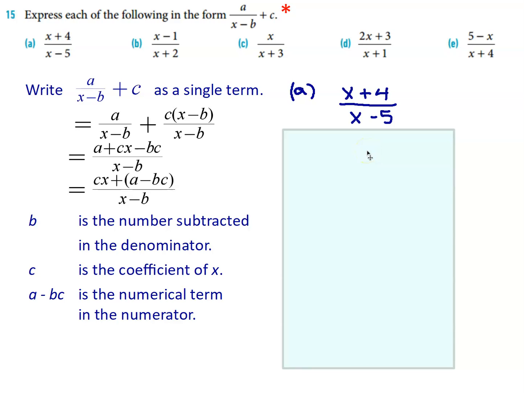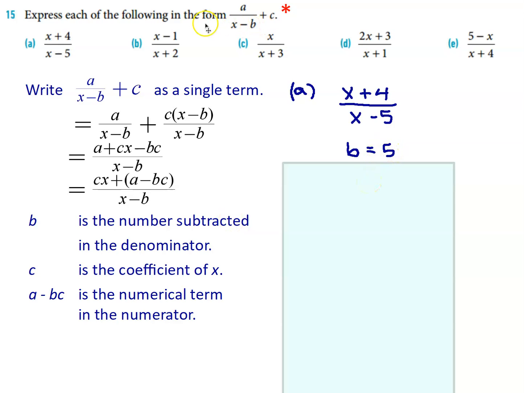Okay, again, having done that, you might want to pause the video and see if you can then work out the answer based on this. Otherwise, just keep watching. So the number in the denominator, x minus some number, that's what b is. So b is equal to 5.